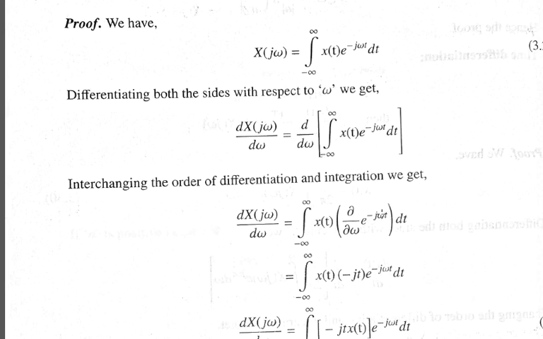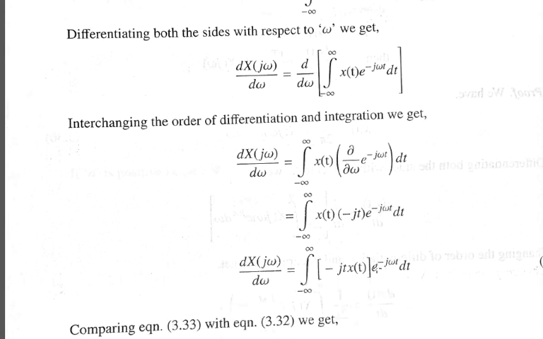Same as the properties of time domain and frequency domain differentiation, x(t) is considered in the time domain and X(jω) is considered in the frequency domain. The differentiation of e^(-jωt) is minus e^(-jωt), which gets multiplied with minus j t because it is with respect to omega. There it was with respect to t, so it was jω.